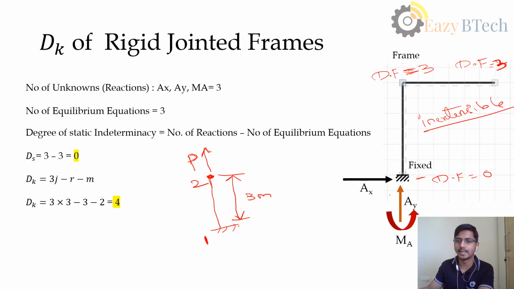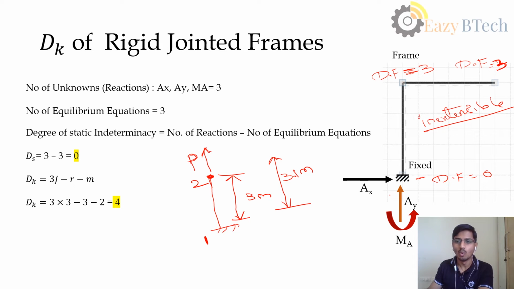I am applying a load at the node, pulling it in the direction opposite to P, and the beam extends, and the displaced length comes out like 3.1 meters. Some displacement is taking place, right? It is extending.